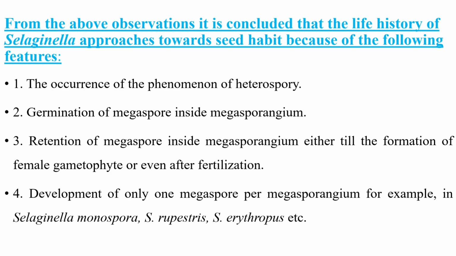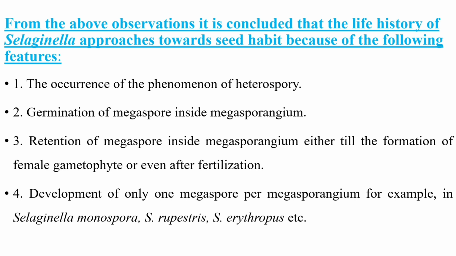Then from the above observations, it is concluded that the life history of Selaginella approaches towards seed habit because of the following features. Selaginella shows heterospory, but lacks seed habit, yet approaches towards it because of these features.